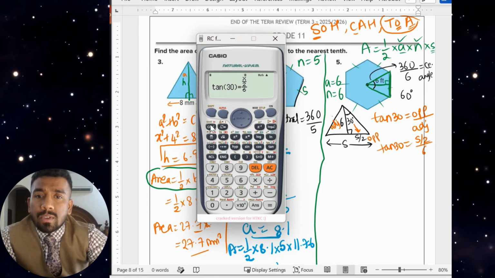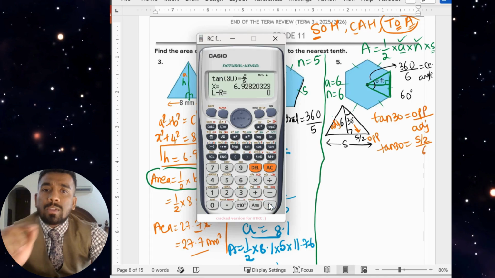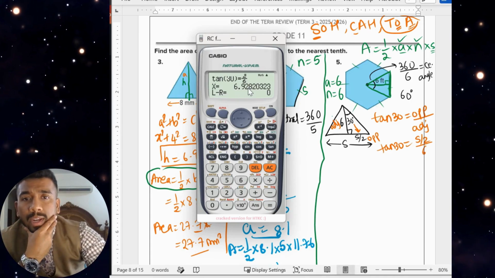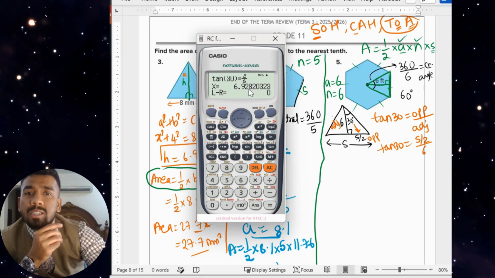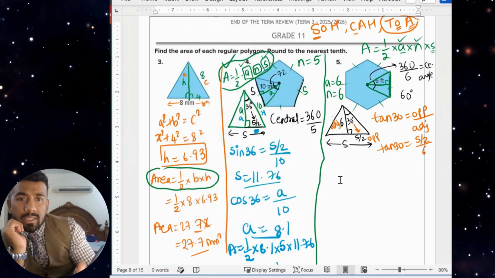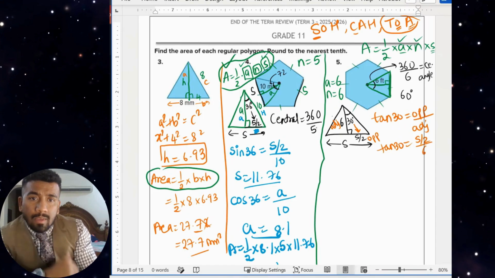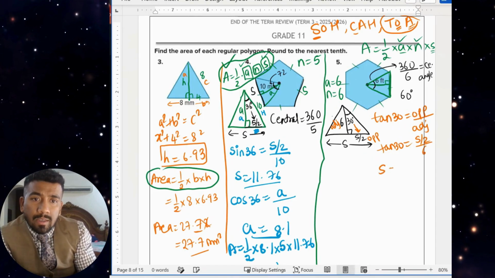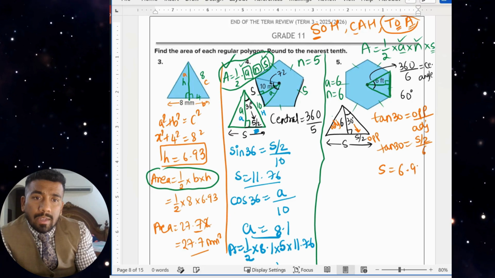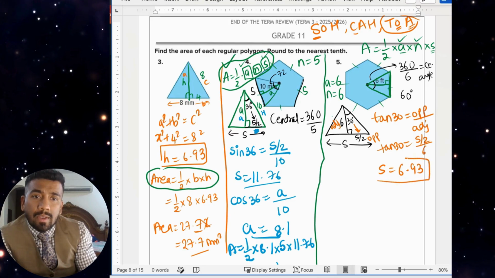We'll do shift solve equal. So what you get, X is 6.928, that's 6.93. So that's your S.